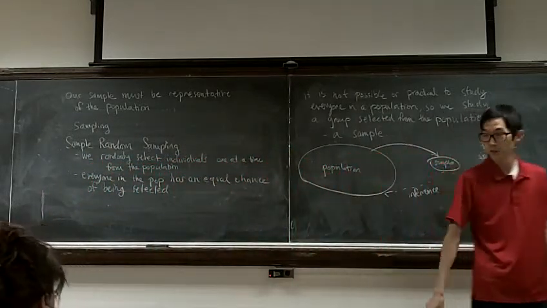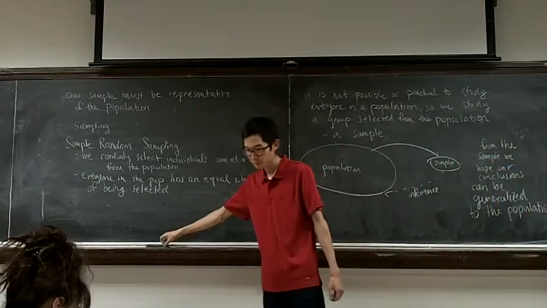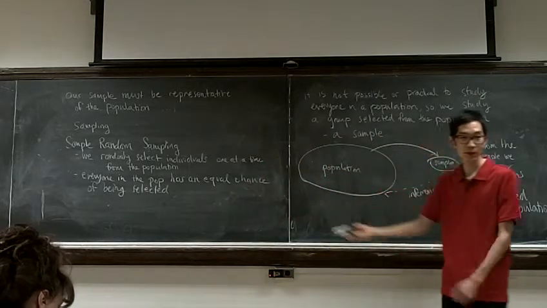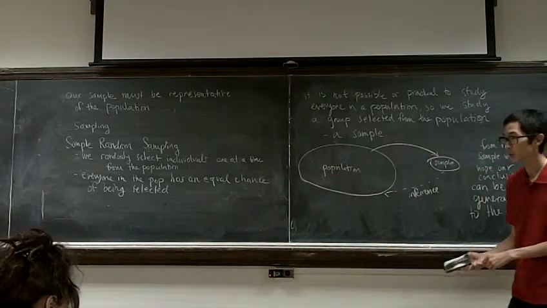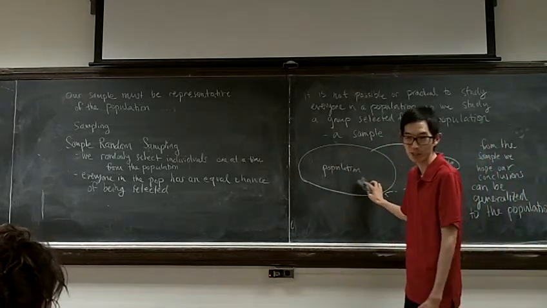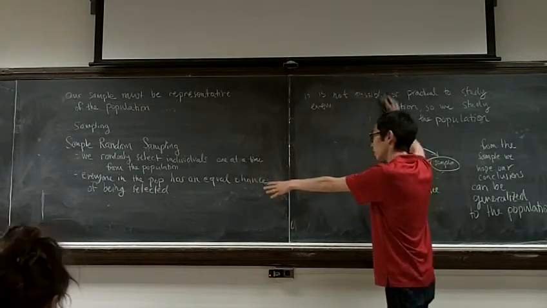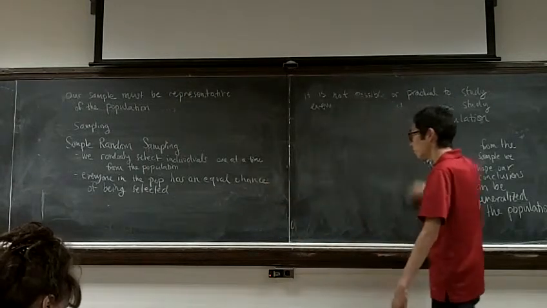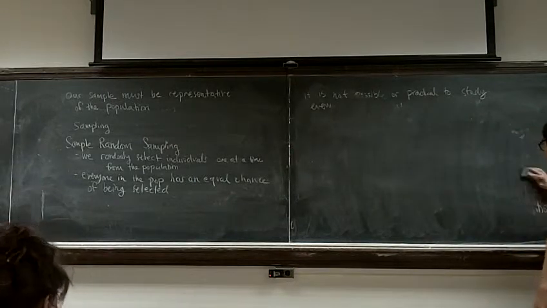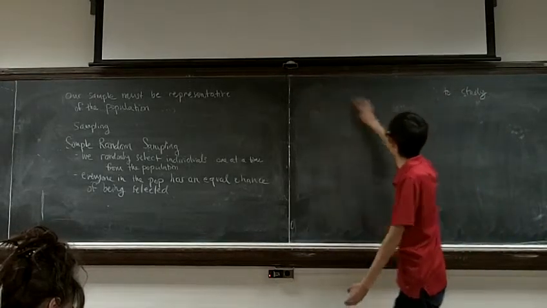It's pretty straightforward, generally, but practically, it's very difficult to do simple random sampling for any large population. The reason is that for everyone in the population to have an equal chance of being selected, we need to know who everyone in the population is.